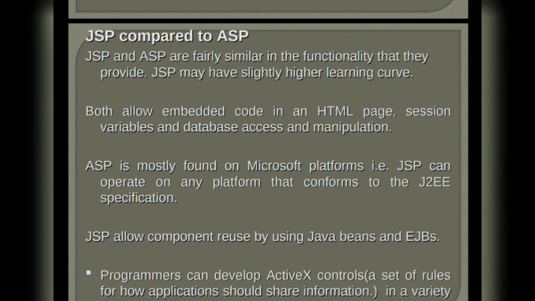Both allow embedded code in an HTML page, session variables, and database access and manipulation. ASP is mostly found on Microsoft platforms, but JSP can operate on any platform that conforms to the J2EE specifications.